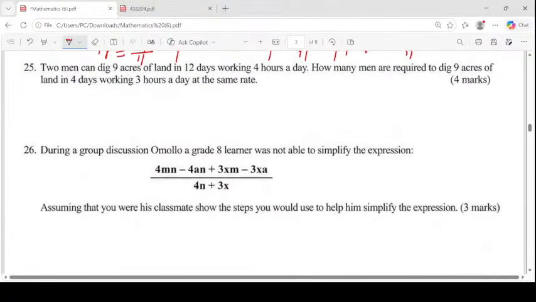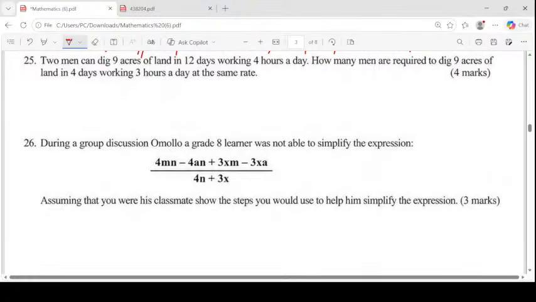Question number 25. We are told in question number 25 that two men can dig 9 acres of land in 12 days, working 4 hours a day. How many men are required to dig 9 acres of land in 4 days, working 3 hours a day?